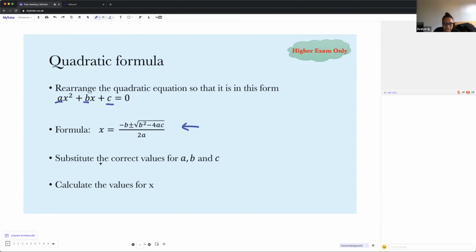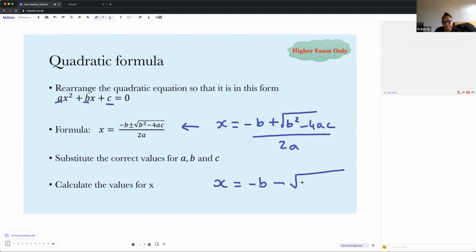You'll come up with one value for x and another value for x. The first one would be x equals minus b plus the square root of b squared minus 4ac divided by 2a. And the second one would be minus b minus the square root of b squared.